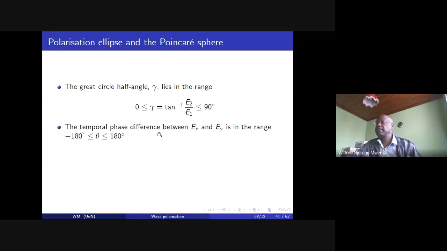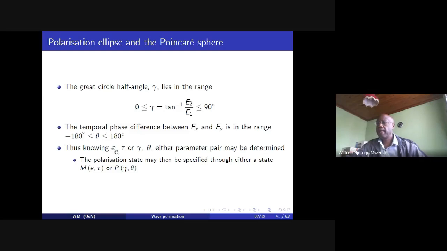The temporal phase difference between EX and EY is in the range of minus 180 degrees to 180 degrees, that is, minus pi to pi. Knowing epsilon, tau, gamma, and theta, any of the parameter pairs can then be determined. The polarization state is then specified through either a state M, epsilon and tau, or a state P, gamma and theta.